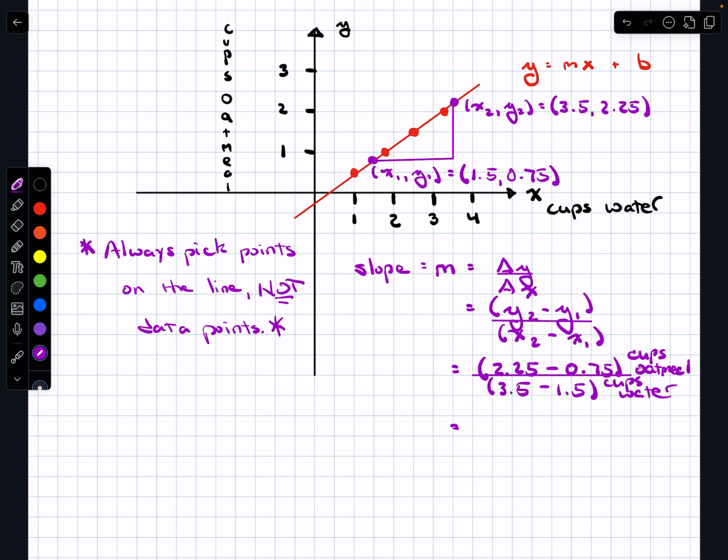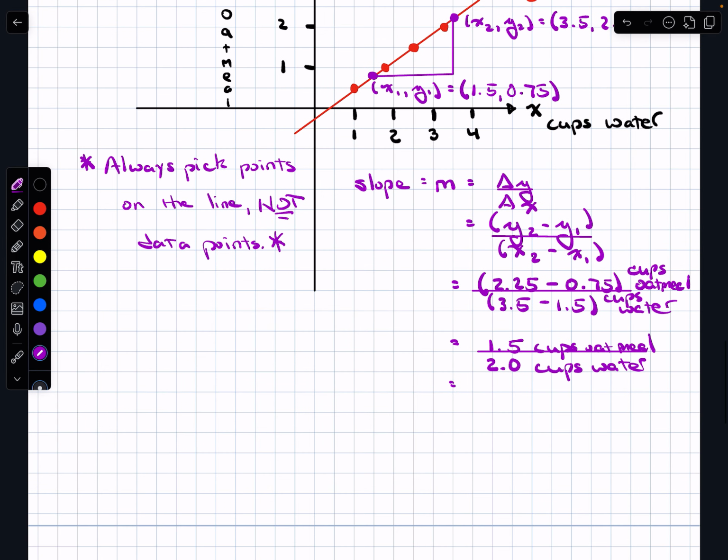So 2.25 minus 0.75, that's going to be 1.5 cups of oatmeal, for every 3.5 minus 1.5, which is 2 cups of water.